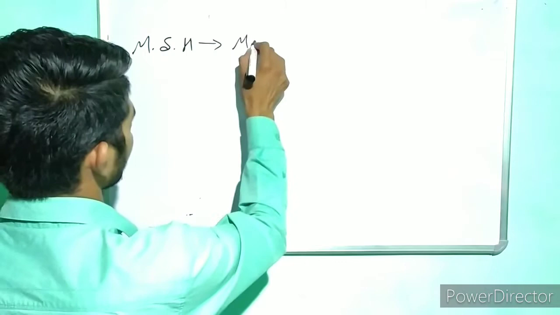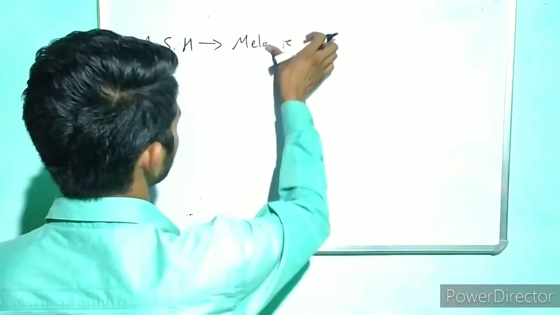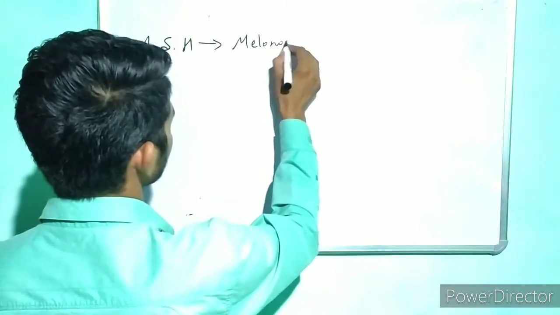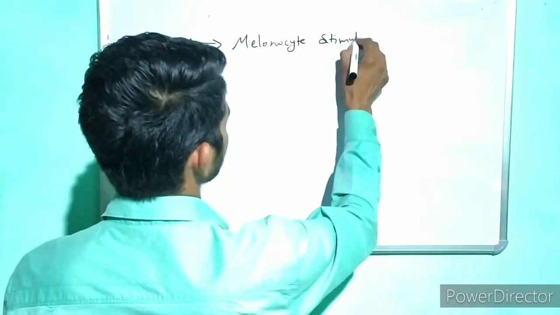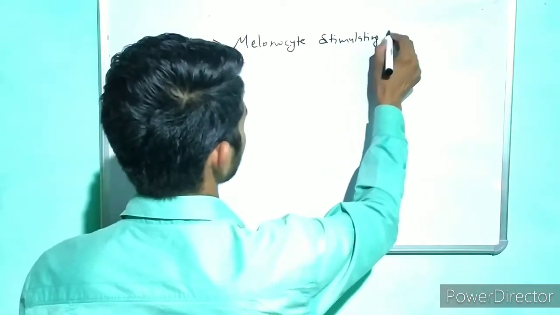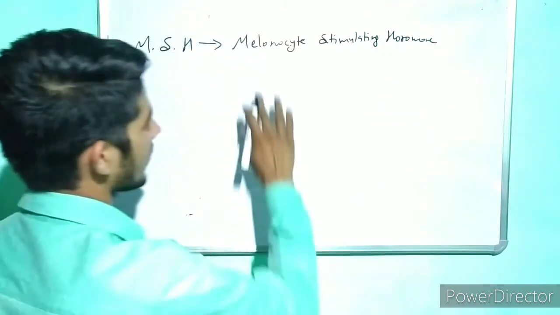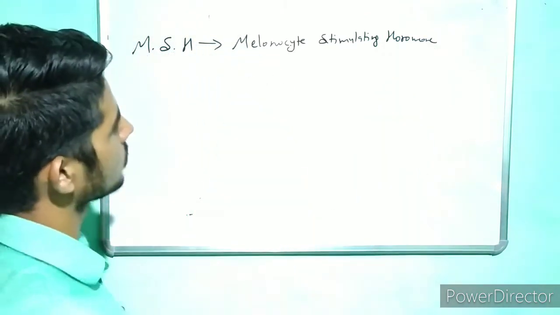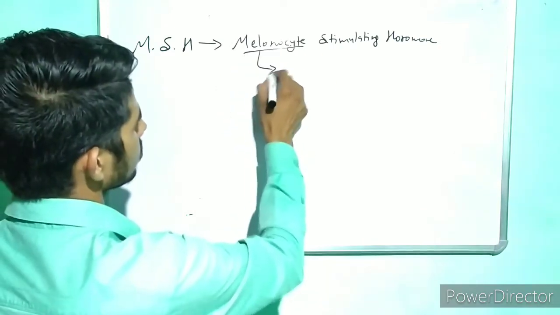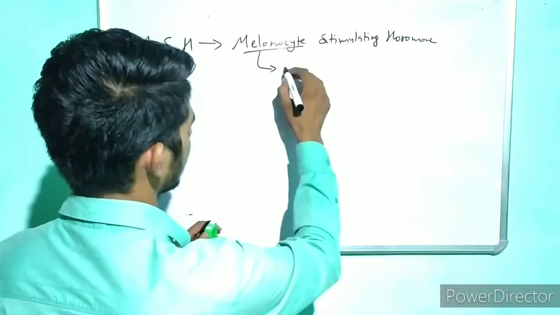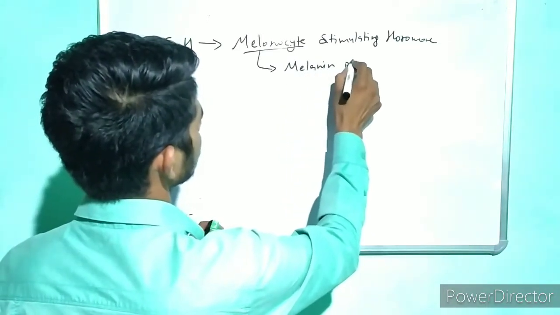MSH means melanocyte stimulating hormone. As the name indicates, this hormone stimulates the melanocyte cells to secrete a pigment known as melanin pigment.